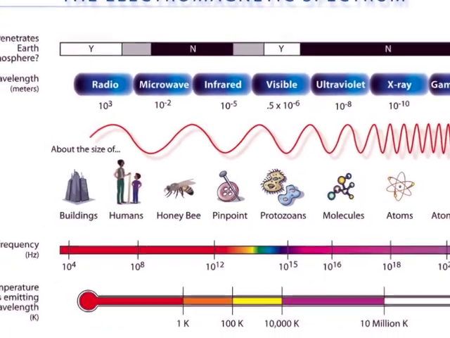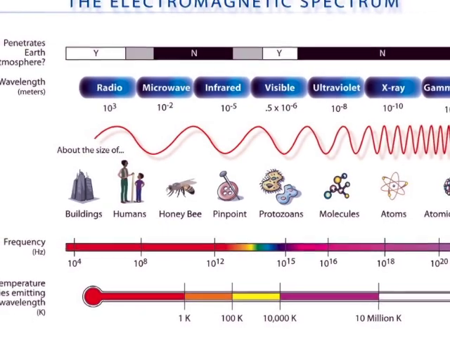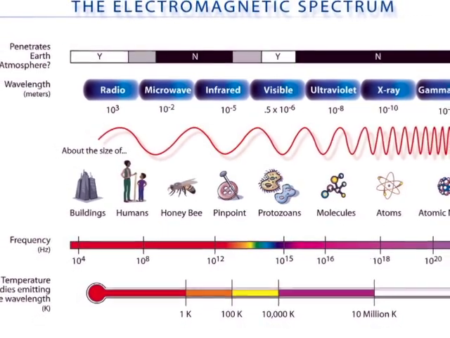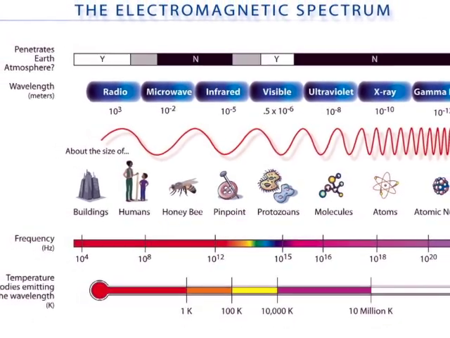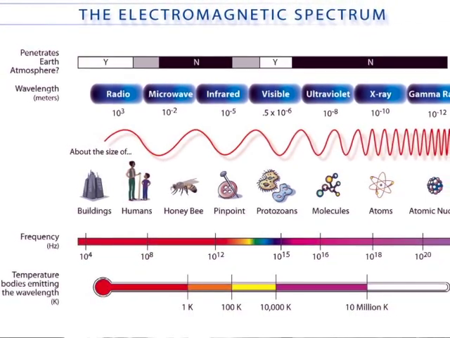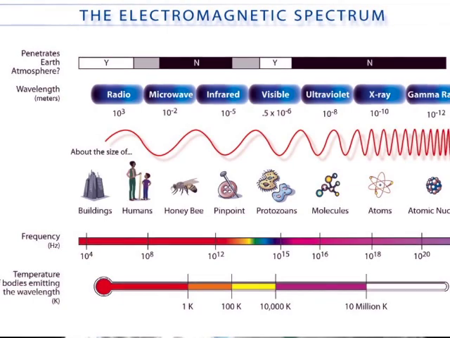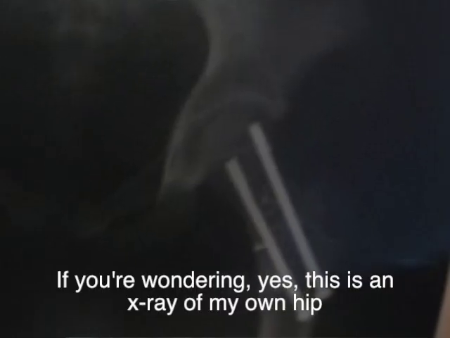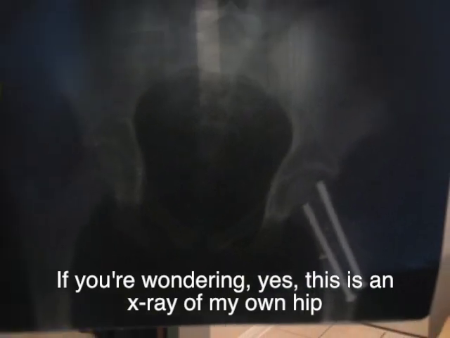And gamma rays are the exact opposite. They have an extremely high amount of energy and very small wavelengths. You all know that X-rays and gamma rays are used a lot in medicine. We've got gamma rays for radiation therapies for cancers and things like that, and of course X-rays to look at bones and things of that nature. But today we're mostly going to be talking about the visual spectrum.